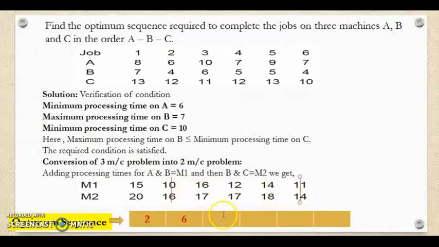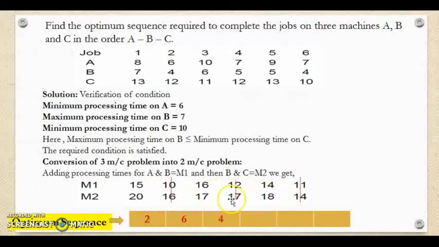If you look in the remaining processing times, the next smallest processing time is 12 for job number 4 and it lies on machine M1. As it lies on machine M1, therefore it must be sequenced first in the remaining sequence. So job number 4, I write here in the sequence, and I will eliminate the processing times of that job from further considerations. Okay, now look here.